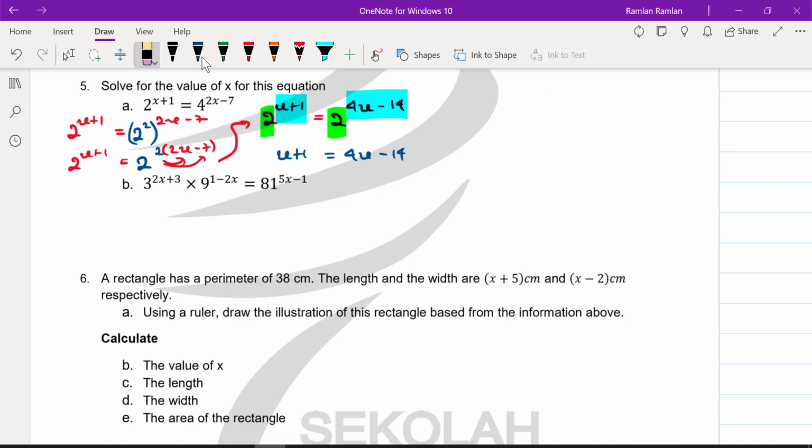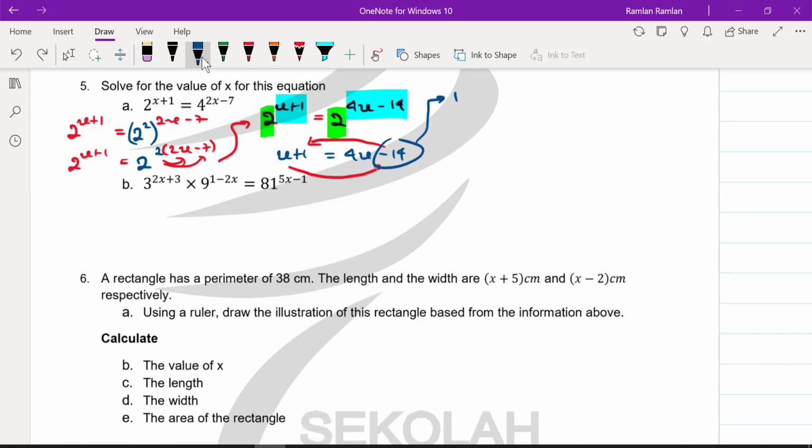Okay, so again, I'm just taking the power after I'm making sure that the power are the same on both sides of the equal sign, and they are in a single index form. Now I'm gonna move this x to the right side, and I'm gonna move this minus 14 to the left side, and that will be 1. This one doesn't change, right?